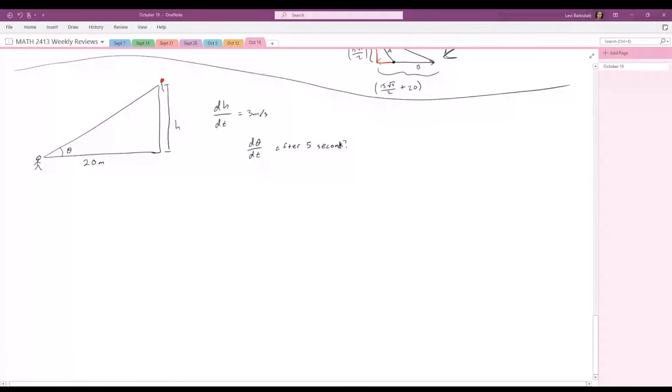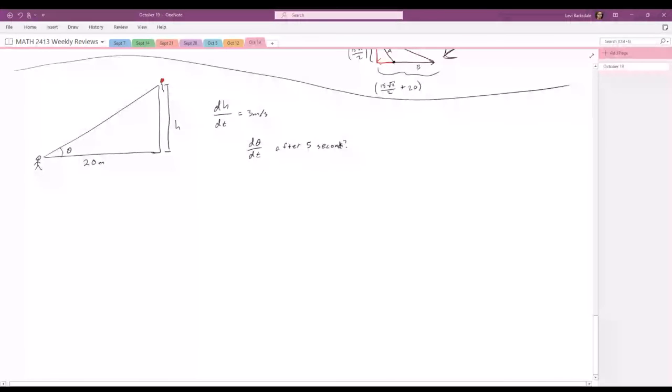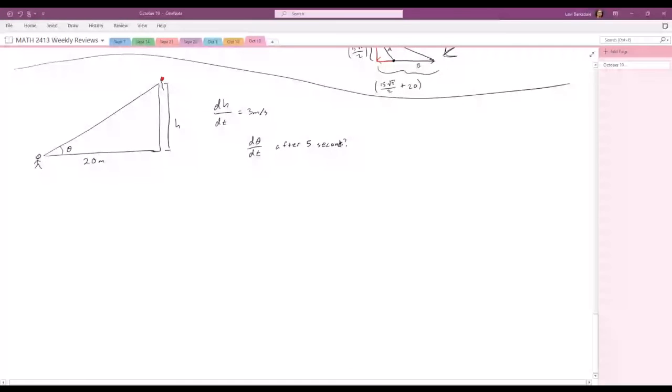Right? Let's see. Is everyone ready to go over this problem? All right, cool. I'll just start going over it because I do want to touch on differentials at least a little bit.